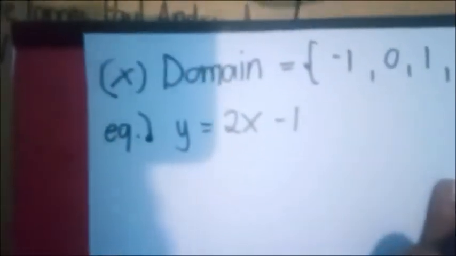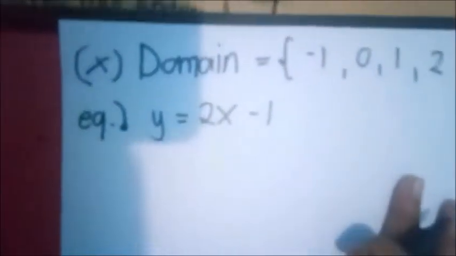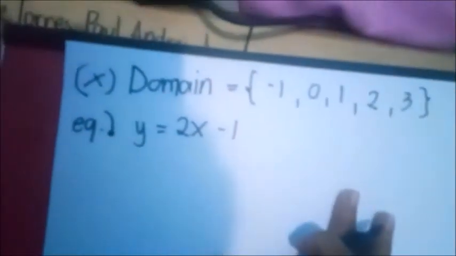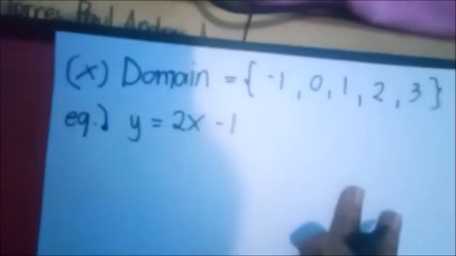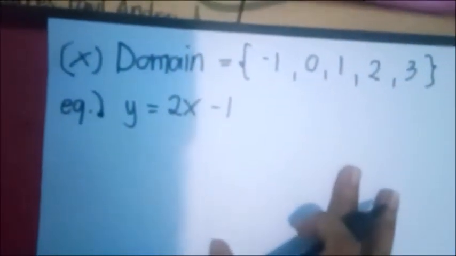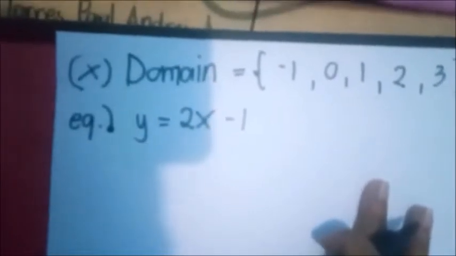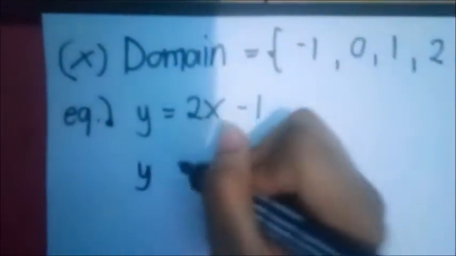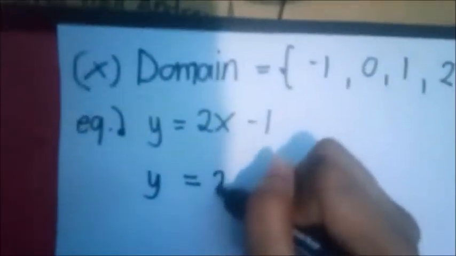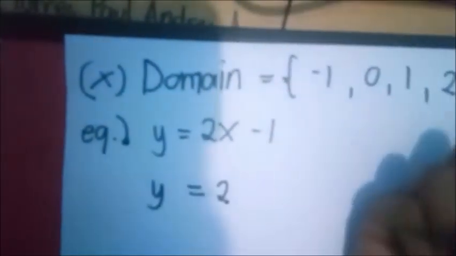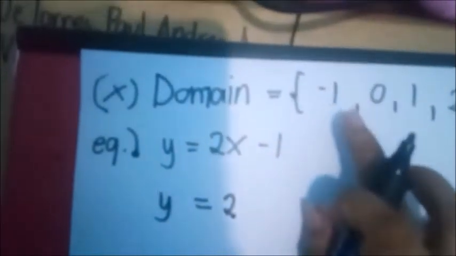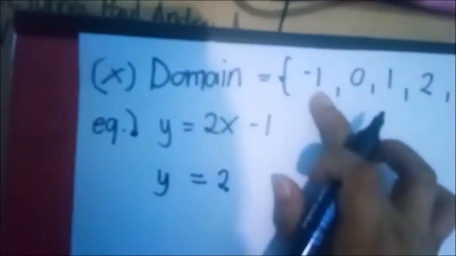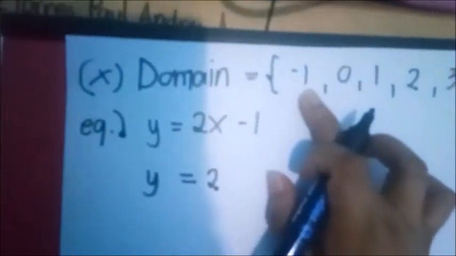Again, the equation is y is equal to 2x minus 1. So we're going to substitute the x. Copy y equals, and first, what is the domain in the first set? So x is equal to negative 1.